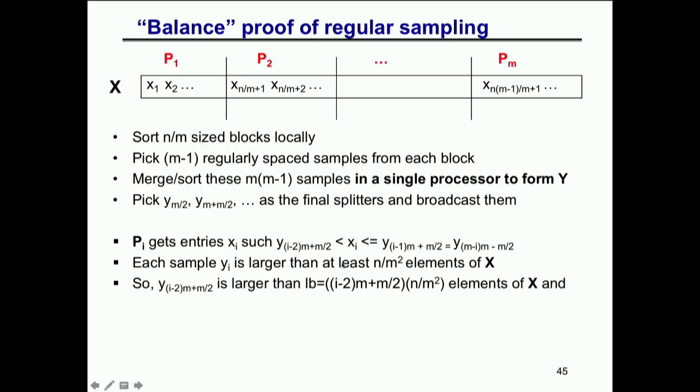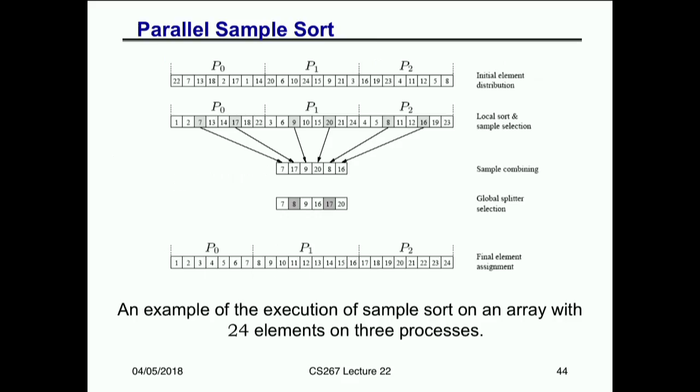And each splitter entry is bigger than at least n over m squared elements, by the way we chose samples. Not a mistake, I just didn't describe this. Each one of these splitter candidates we chose, no matter where they are, is larger than n over m squared elements, by definition.